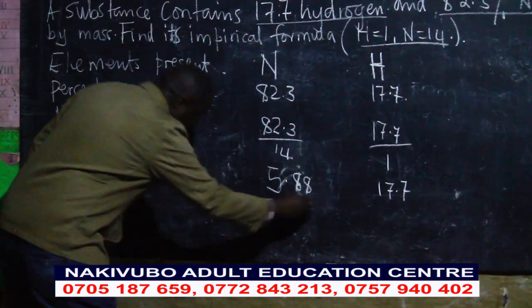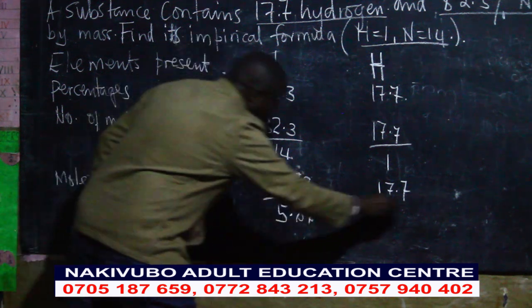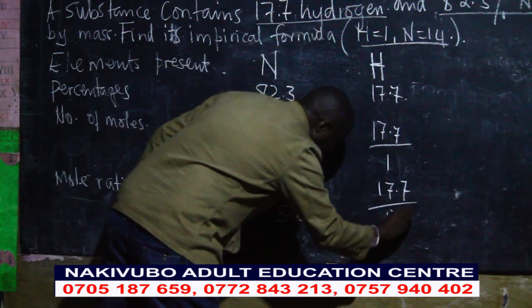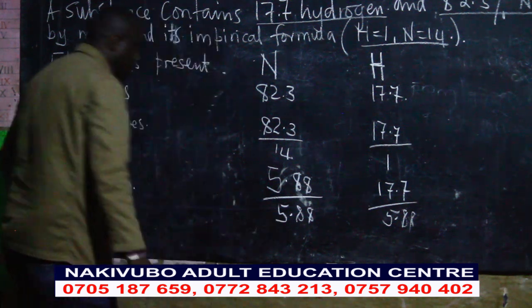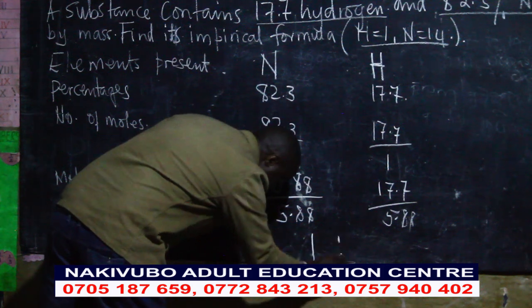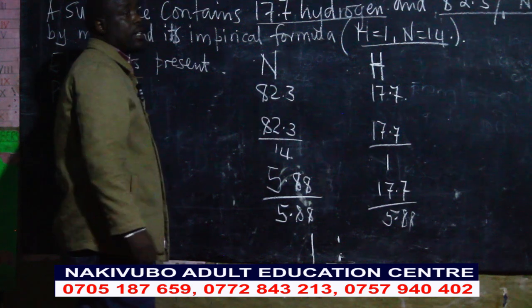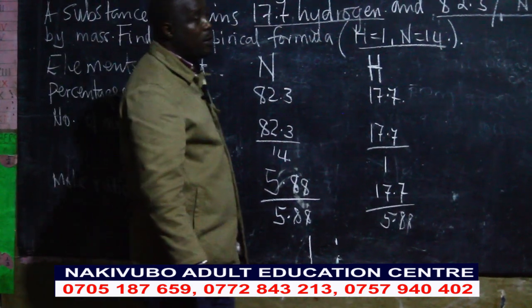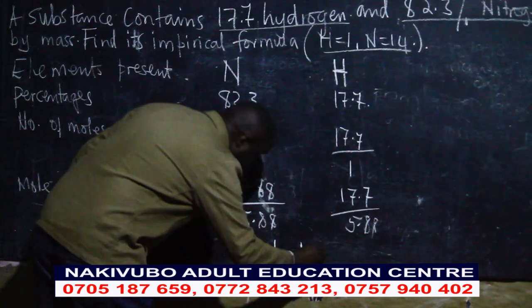So divide by 5.88. What is the ratio here? 5.88 divided by 5.88 is 1. Then 17.7 divided by 5.88 is 3.0.